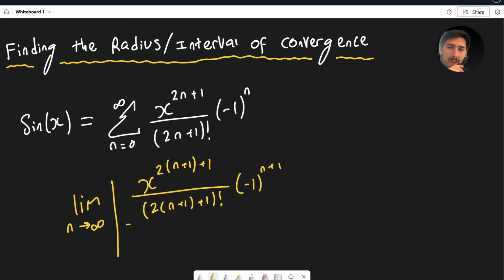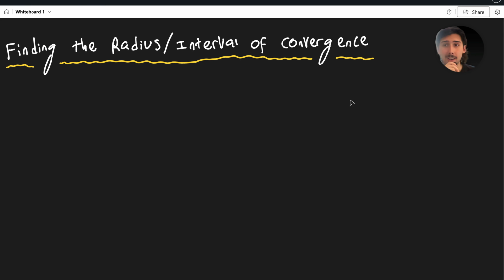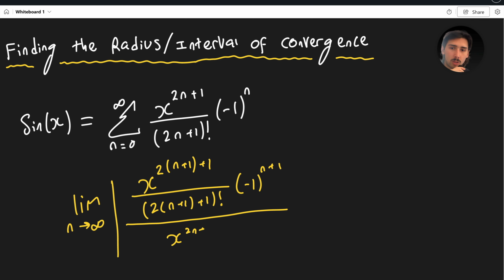It's a very complicated looking fraction, but we're fine. We're big boys, we can do it. Divided by the nth term, so x to the 2n plus 1 divided by 2n plus 1 factorial. And hey, can't forget the big girls either. Don't think I forgot about you.